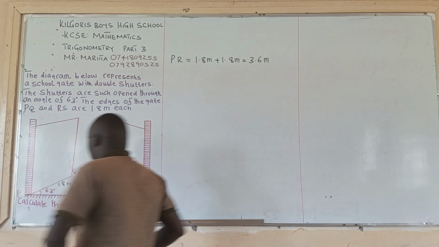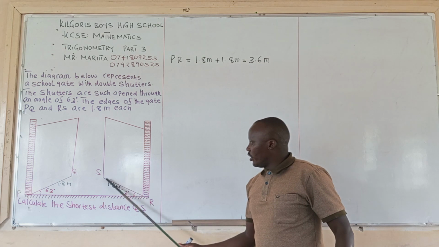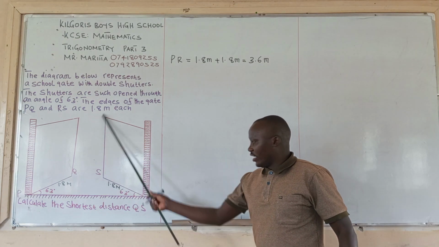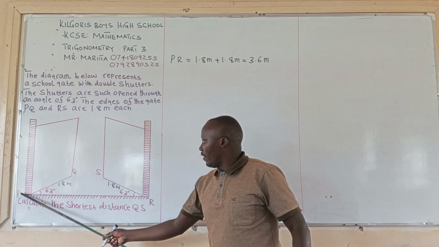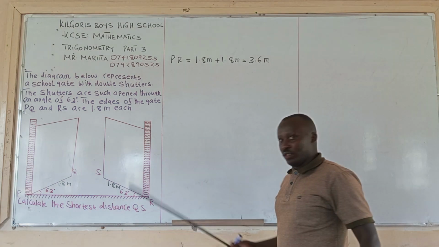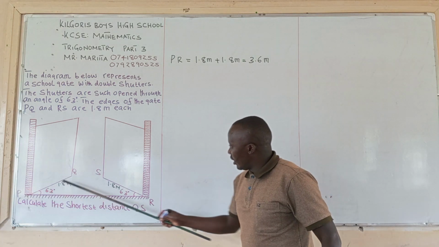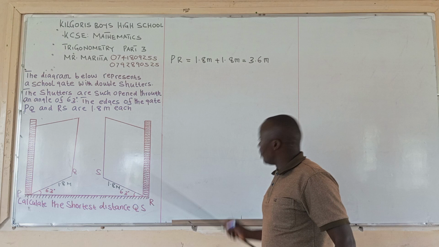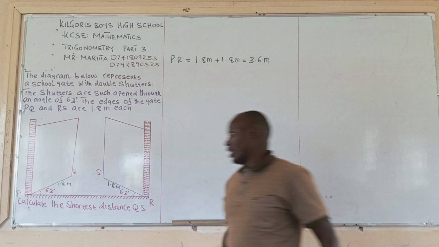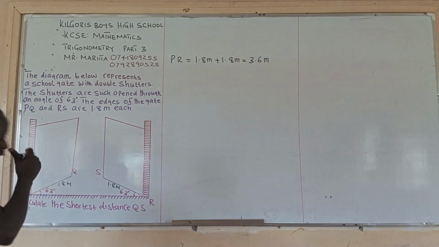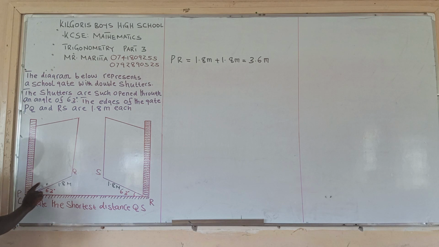Why this? Because if you close these shutters, they will just join at the edges here. When they join, that gives us the total distance between P and R, which is 3.6 meters. Another thing, the shutters form an angle of 90 degrees.